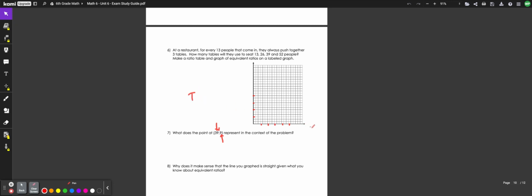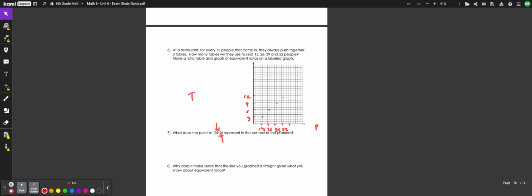So this will be tables, this will be people, and still because we're counting or dividing the graph by threes, this will just be representing 13, this will represent 26, 39, and 52, and this will represent 3, 6, 9, 12 tables. So just like we saw before, the graph is still going to look the same for 13 people, 3 tables, 26 would be 6 tables, 39 would be 9 tables, and then the 52 will represent 12 tables.